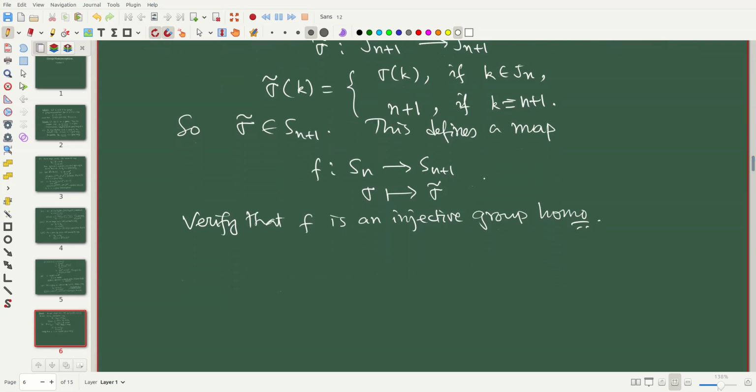Using this injective group homomorphism, you can identify S_n as a subgroup of S_{n+1} using f.